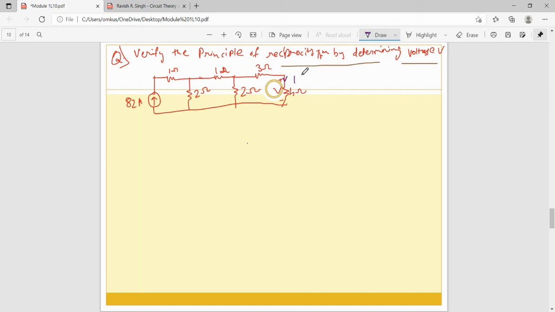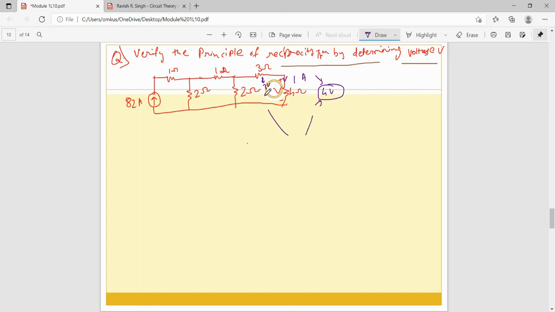This is 1 ampere for example, right? The 1 ampere source is flowing through this branch. So what is the voltage for these two nodes? It is 1 into 4, this is 4 volt, right? Now 1 ampere is flowing through this, so what is the voltage for this? 3 volt.